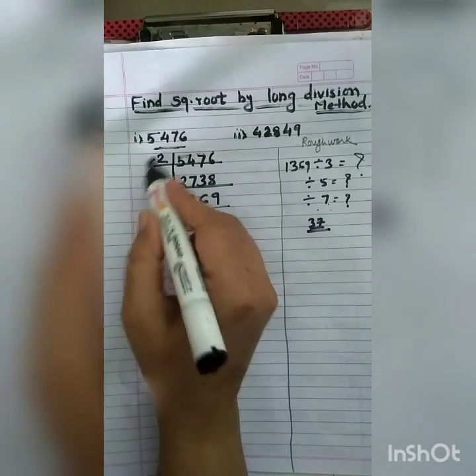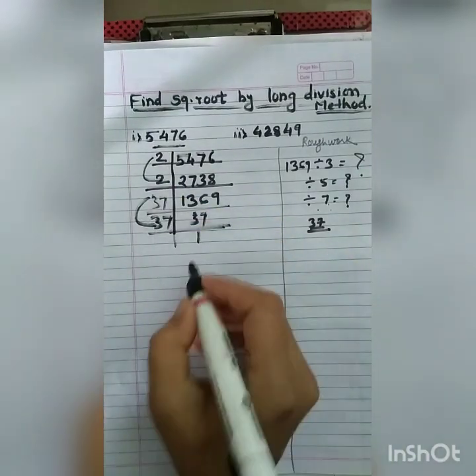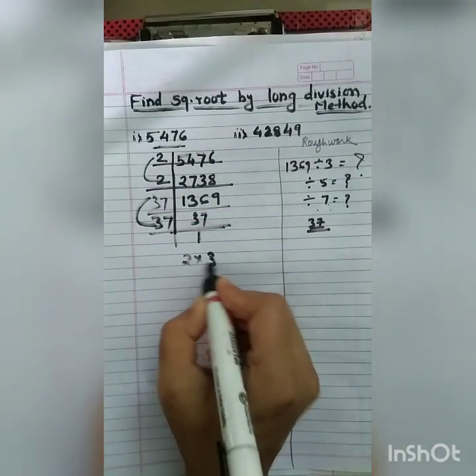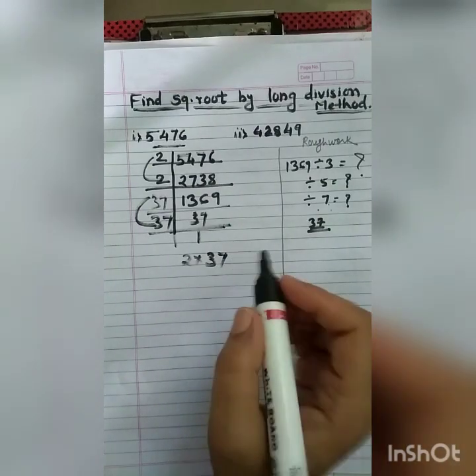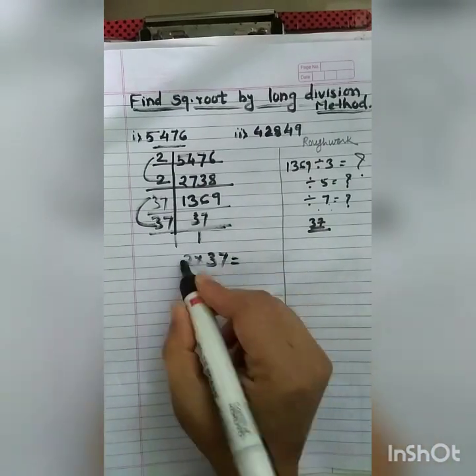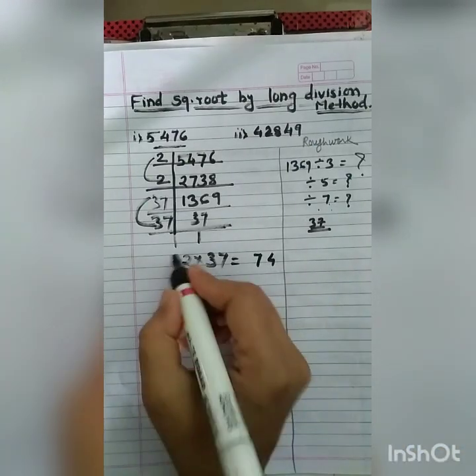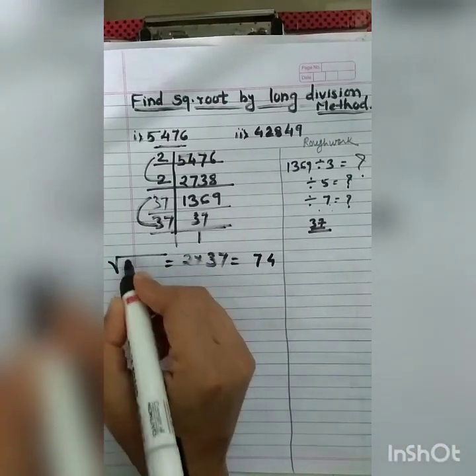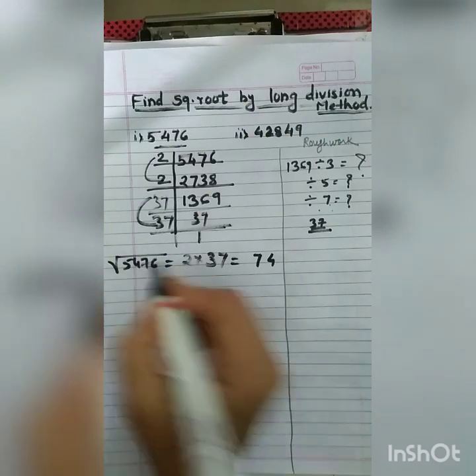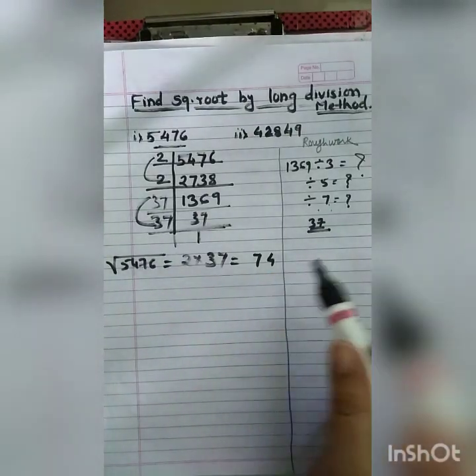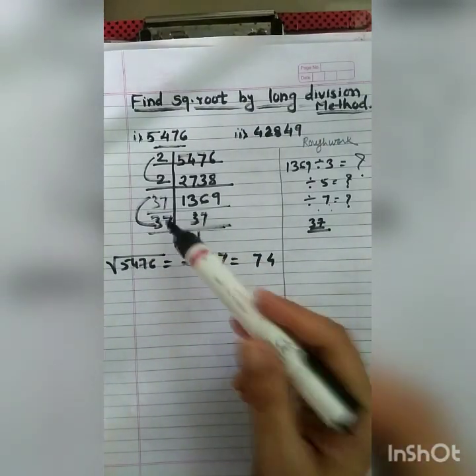So the square root will be 2 into 37. 2 into 37 equals 74. So the square root of the number 5476 is 74. Now you will see that it is not easy.